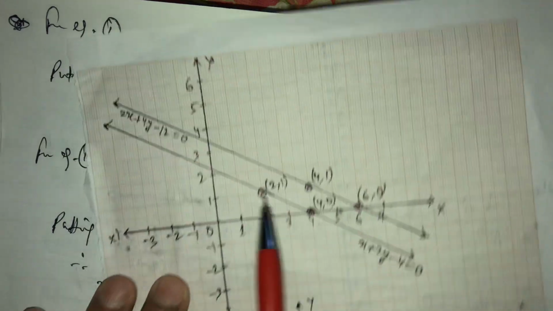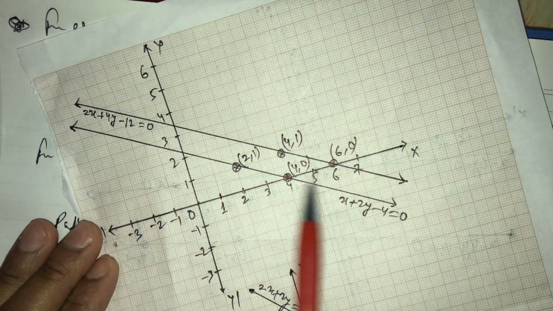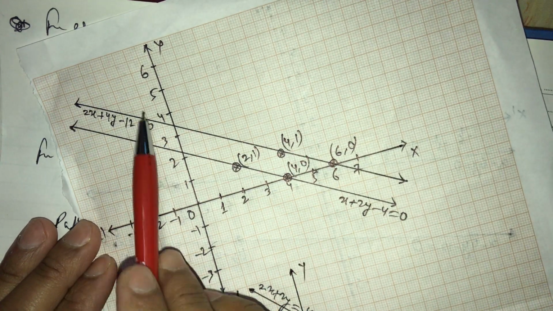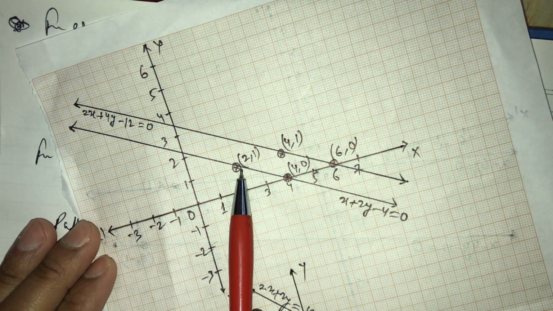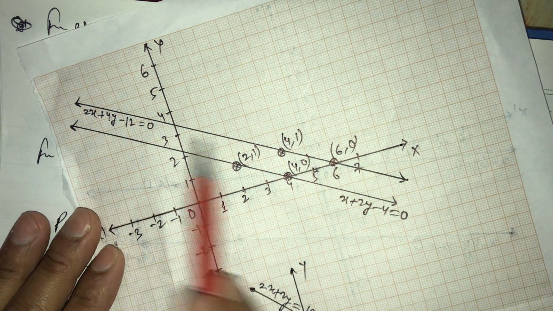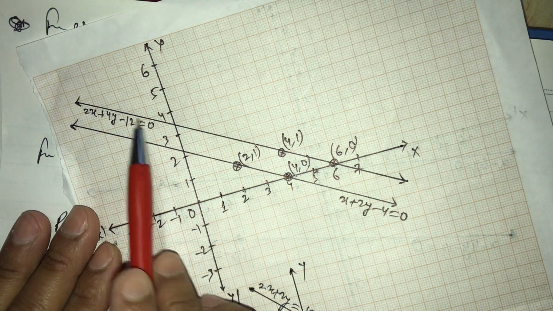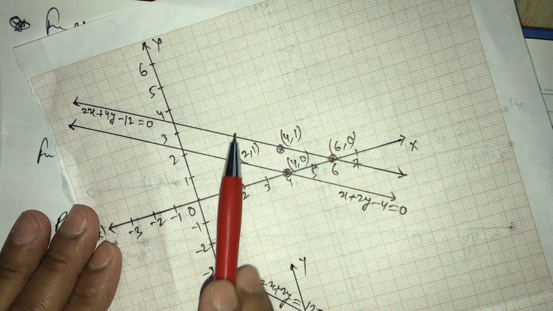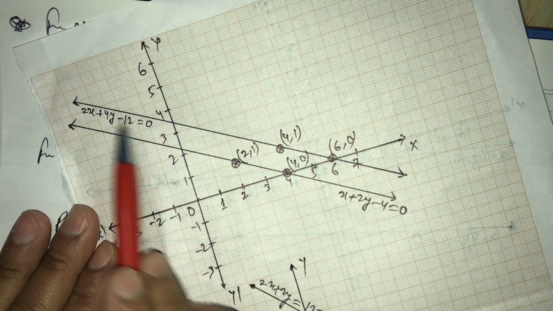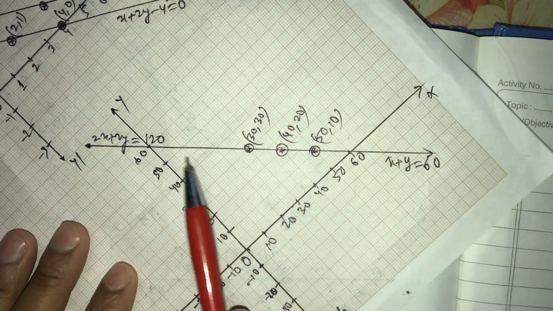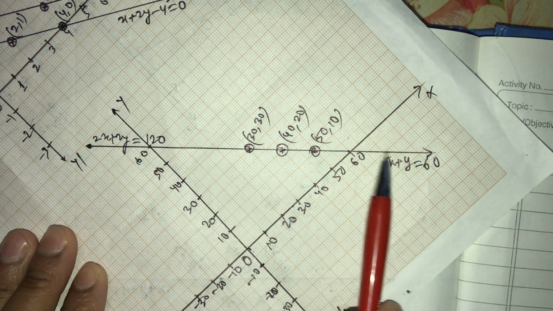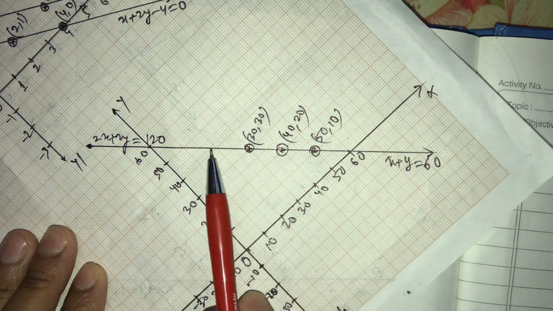Second, if you see here, these lines are going parallel to each other. This parallel line case is called inconsistent, and in this case we get no solution because the lines are not intersecting. In the third type, both the lines are intersecting each other at infinite points.